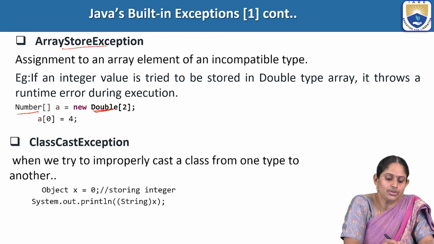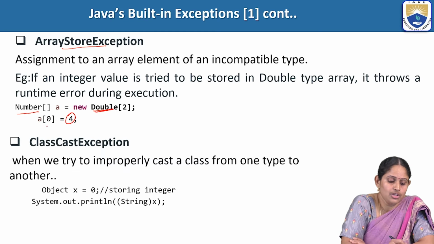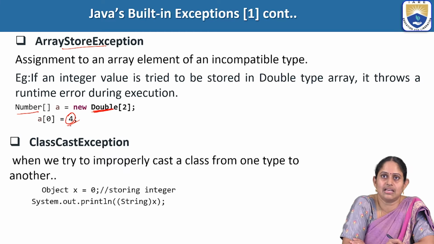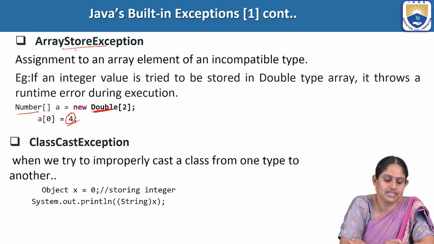When we try to store into the double array an integer, at that point, what happens? This will throw an array store exception because our array was of type double and we are trying to store an integer element into it.